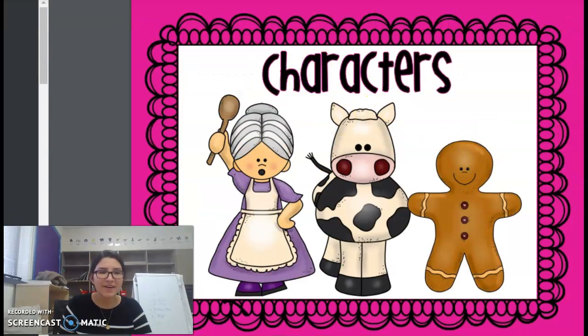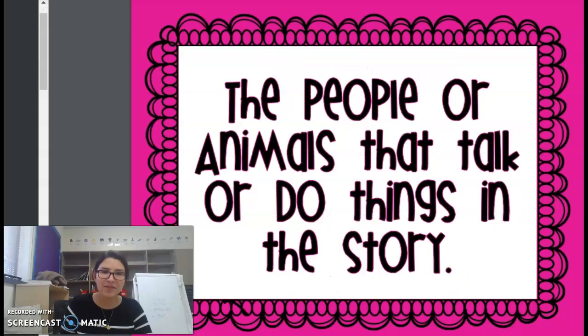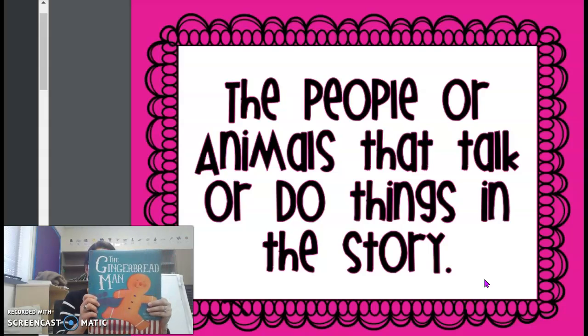Okay, characters. So here's some examples from the characters from yesterday. The people or animals that talk or do things in the story. Let's see if we can name all the characters from yesterday's story, The Gingerbread Man.